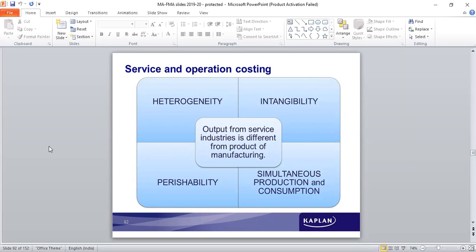So the hotel industry is providing accommodation facility. So do they hand over anything to them? Does it have a physical form? No. They are allowed to use the service of the accommodation which is provided. So what is the nature of such businesses? How are the costs accounted is what we have to look into.